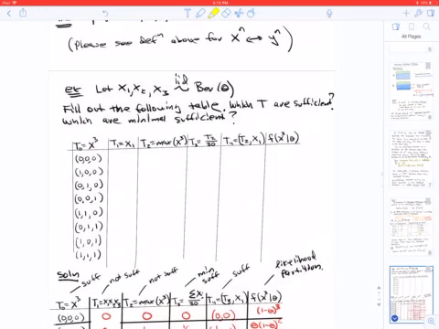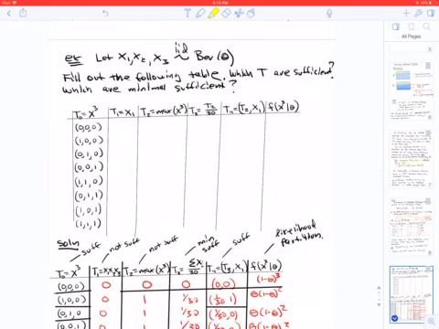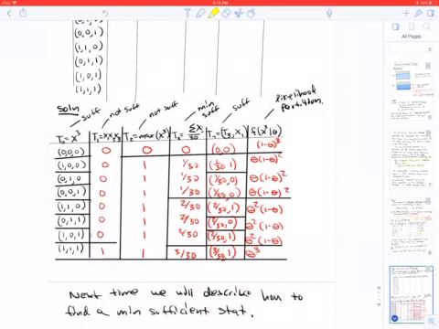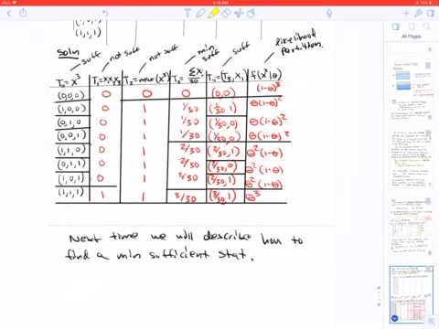So what I recommend you do then is to fill out this table here to test your understanding, which is sufficient, which is minimal sufficient. When I do that, I see here that the likelihood partition has 4 equivalence classes, and this is the coarsest partition, and it is equivalent to T3.